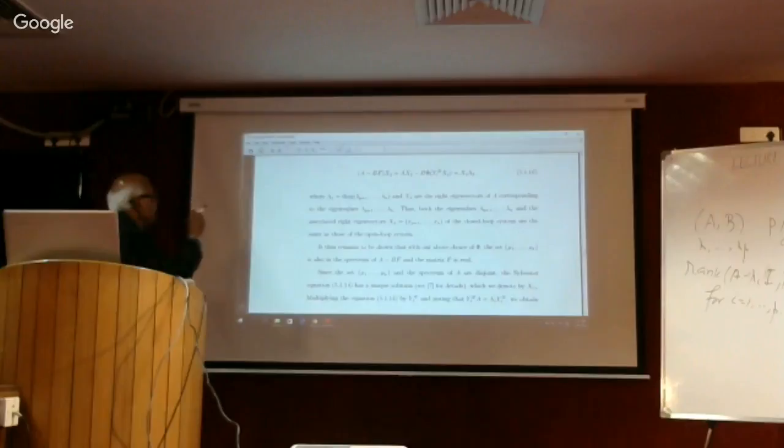A minus BF X2 equals X2 lambda 2, where lambda 2 is the diagonal matrix of all the p plus 1 to n eigenvalues, which are not computed, that is lambda p plus 1 through lambda n. Okay. Now what does it mean? Well, A minus BF X2 equals X2 lambda 2. I'm able to prove that. If I prove that, what does it mean?